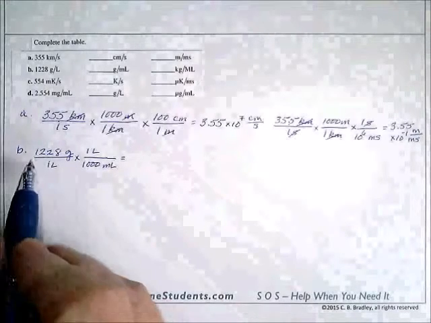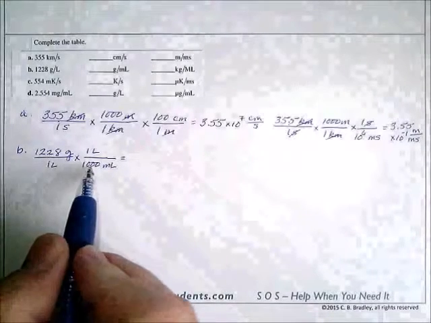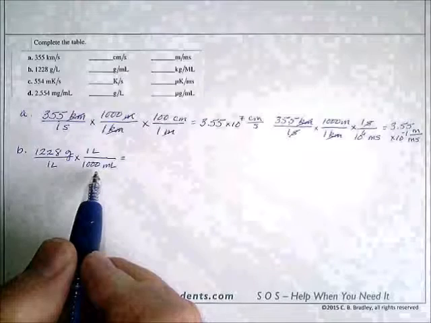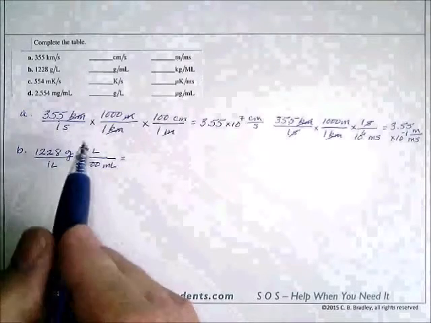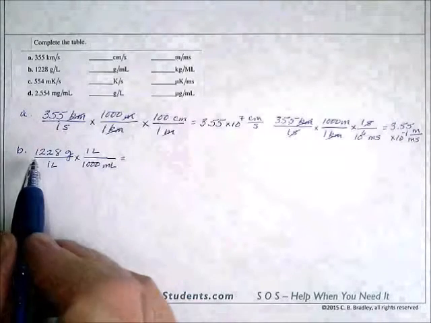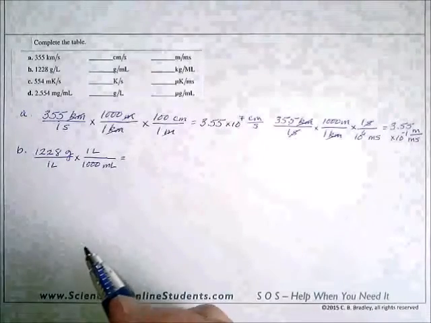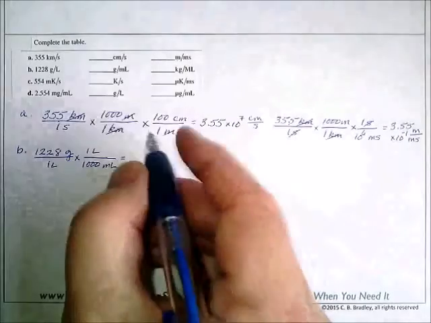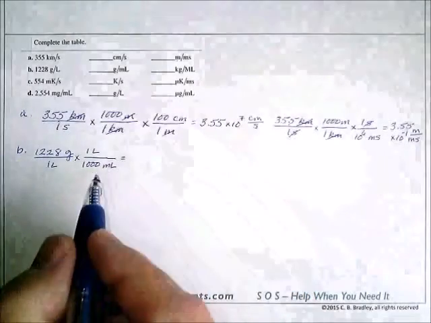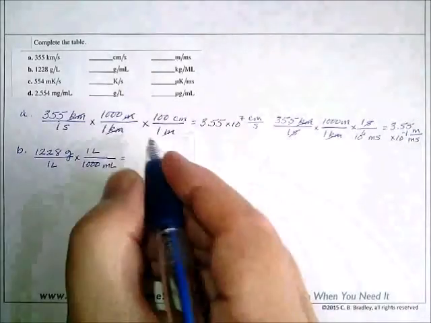So it's 1228 divided by 10 to the third, or multiplied by 10 to the minus third. So we'll have 1.228 times 10 to the 1. We're going to move our decimal place 3 places.